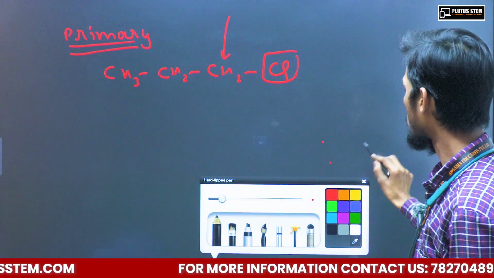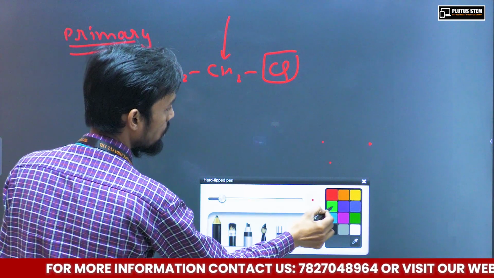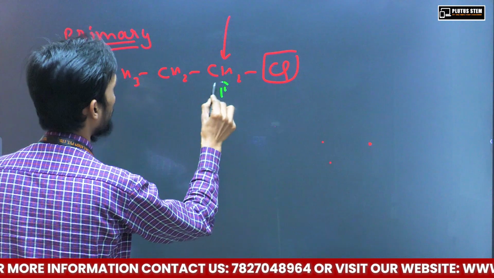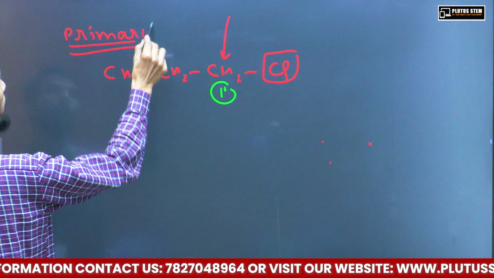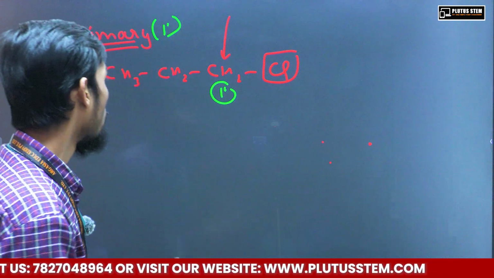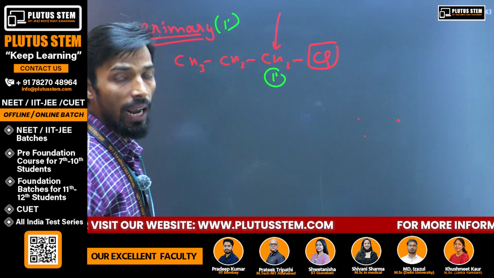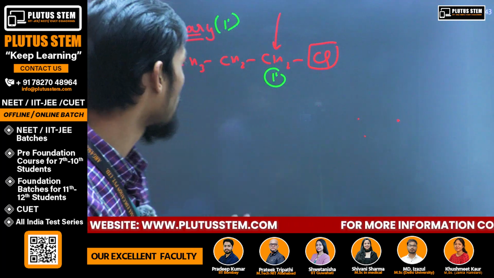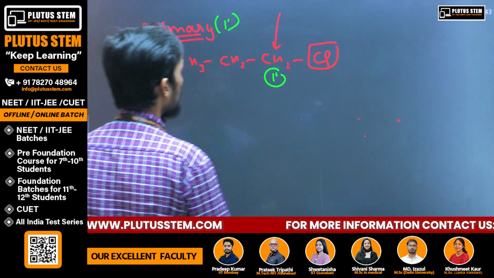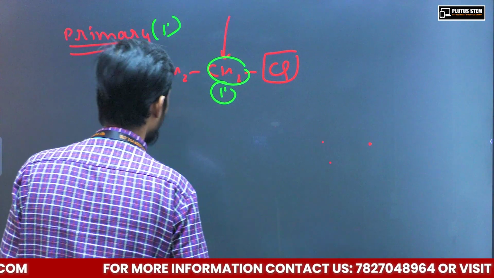So this carbon is 1 degree carbon, or we can say primary carbon. If the carbon is primary, the attachment of chlorine to it defines the type of halide also. It is a primary halide, we can say, when the attachment of halogen is to a 1 degree carbon.